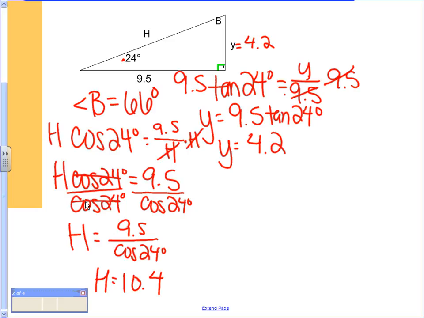How can I check and make sure that I probably got my y and my h right? Pythagorean theorem. See if that works for the Pythagorean theorem.